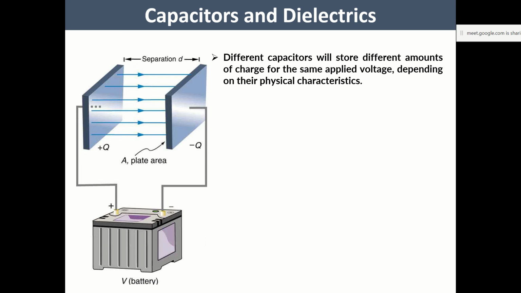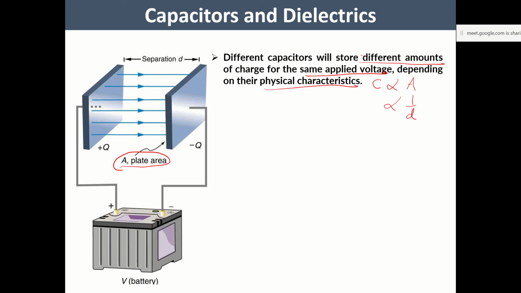Different capacitors will store different amounts of energy for the same applied voltage, depending on their physical characteristics, so plate area and the distance between the plates are important. If you can bring them as close as possible, if the separation is less, then C is proportional to the area and proportional to 1 by d.